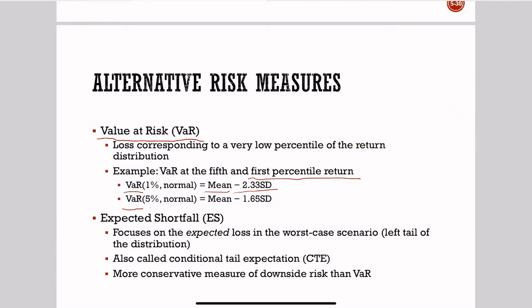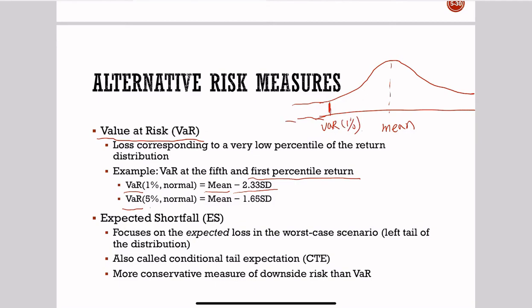So what does this mean here? Well, if you have a normal distribution, then let's say this is the mean, and let's say this is the VaR at 1%.